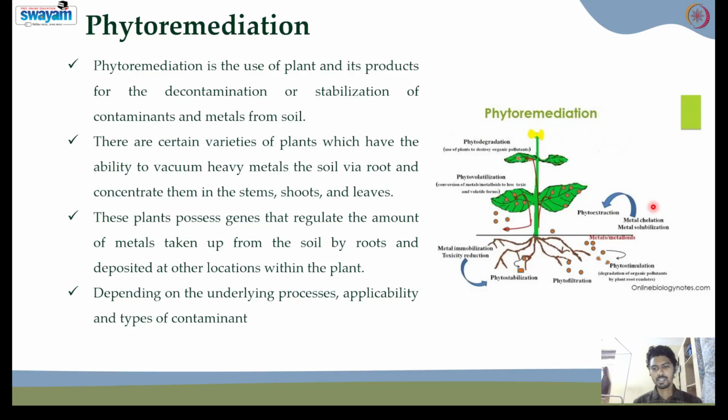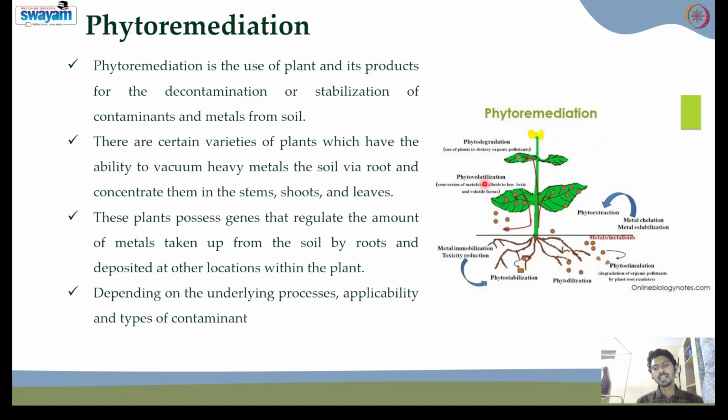First, take phytoextraction, where the metal accumulates and the scientists are able to extract these metals from the plants. Whereas in phytostimulation, we degrade the organic pollutant by the plant root exudates, that is through rhizobacteria. And phytodegradation means directly using the plant to degrade the organic pollutant.